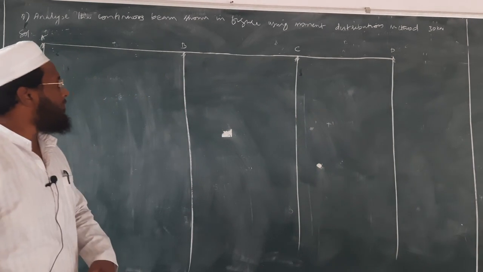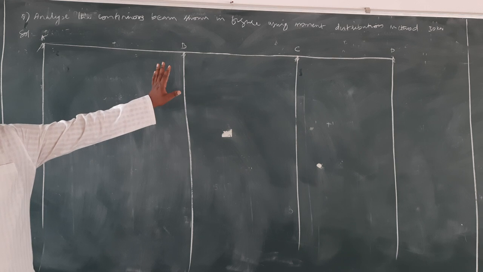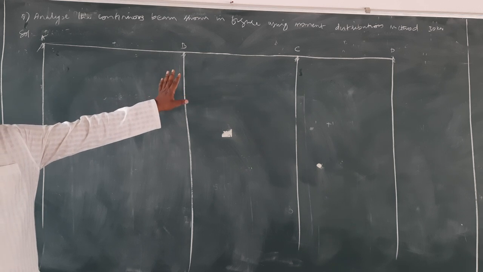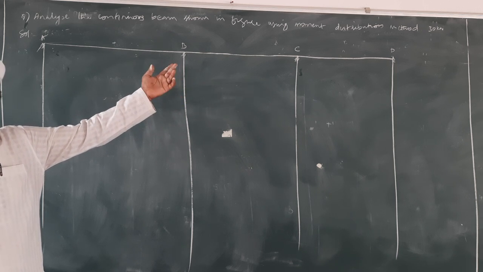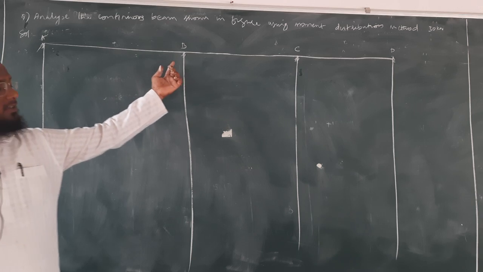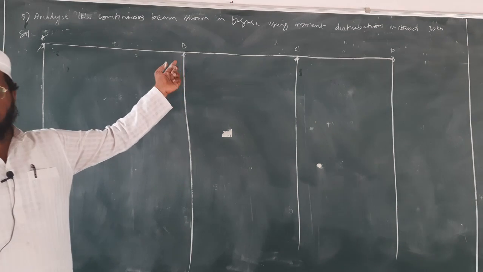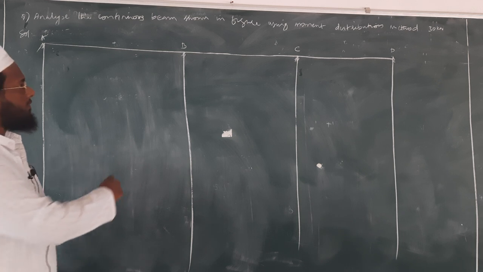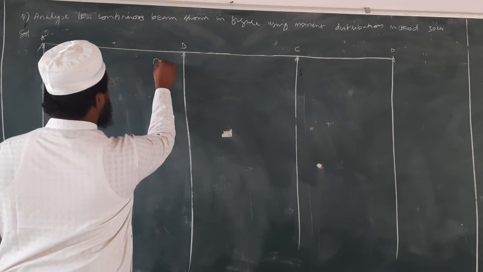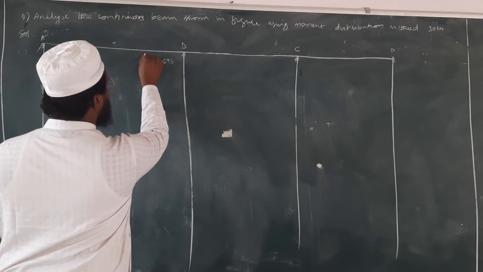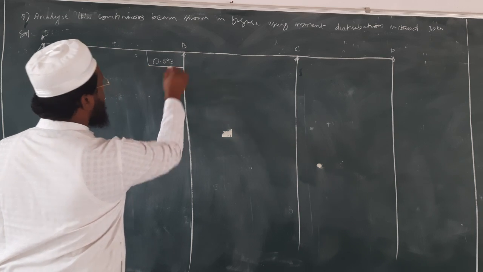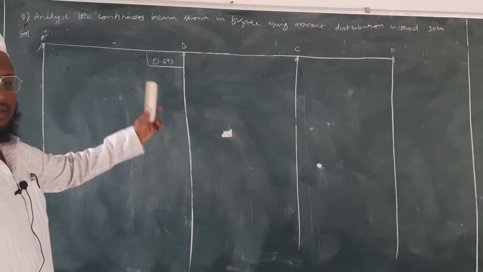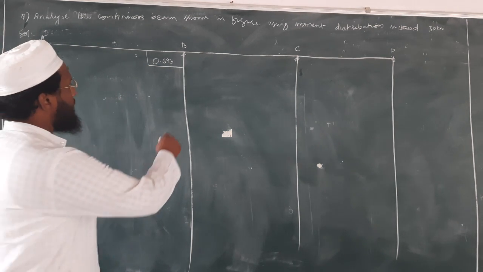So now tell me, what is the first step we do? Fixed end moments or distribution factors? Distribution factors. So first write the distribution factors. What is the distribution factor for BA? 0.693. This is one distribution factor. What about BC? 0.306.